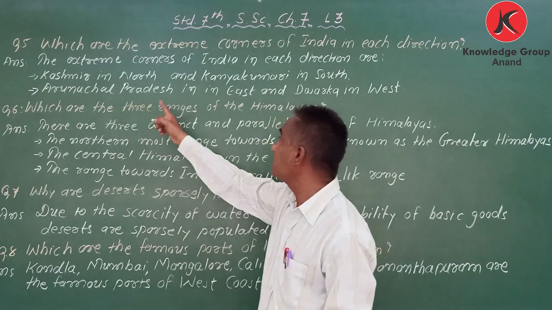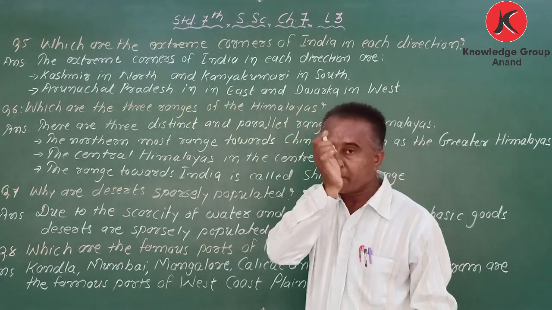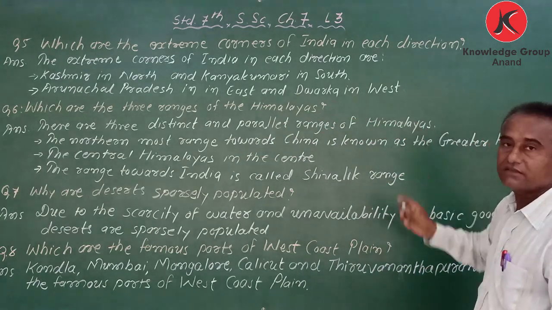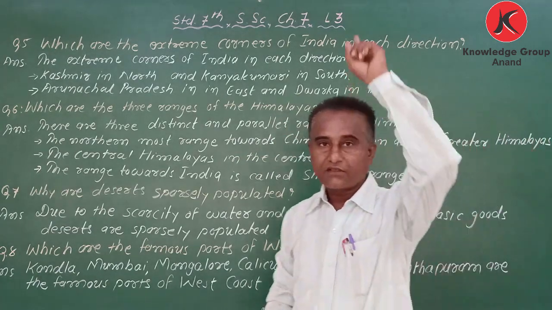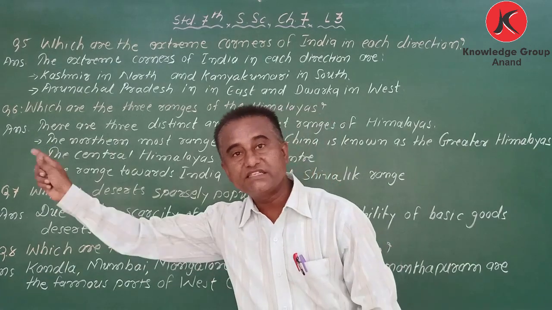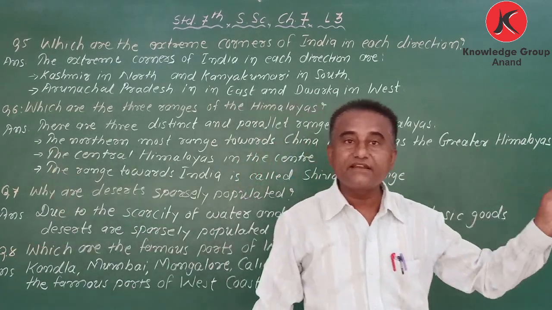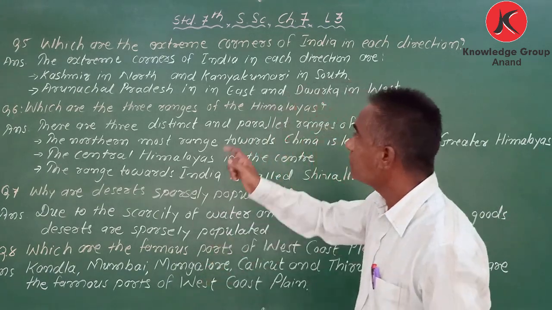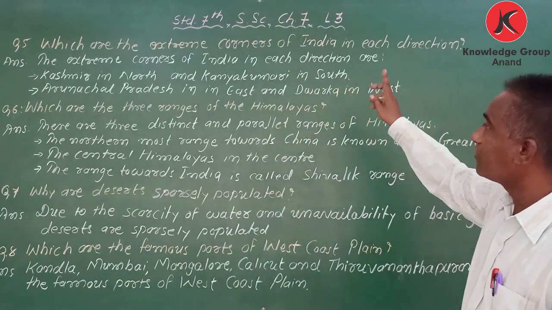Then Arunachal Pradesh in the east, and Dwarka in the west. Got it? This side Arunachal Pradesh and Gujarat means Dwarka. Got it? So which are the extreme corners of India?